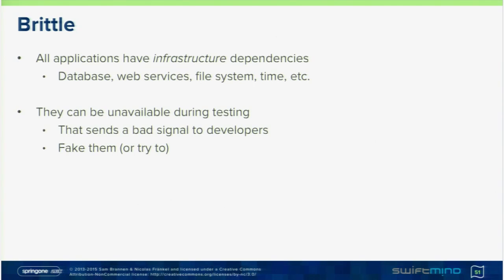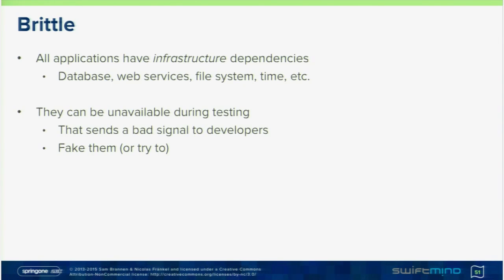The problem, if you don't fake them, so let's say that you want to use a real Oracle instance or a real web service, is that they will not be available at some point in time. That's a given. So in this case, your tests regularly fail, and then some nice developer will check and say, oh, but it's a web service that is unavailable.